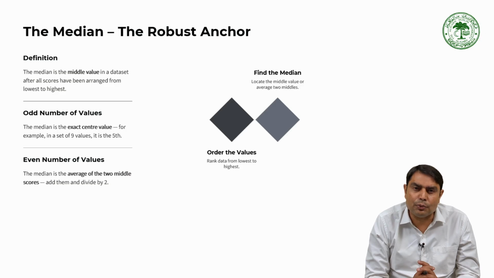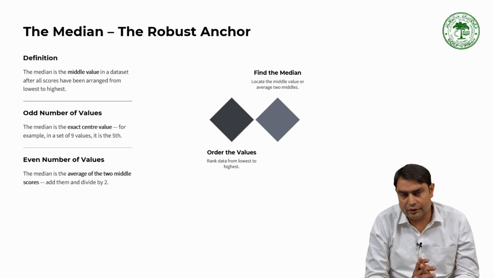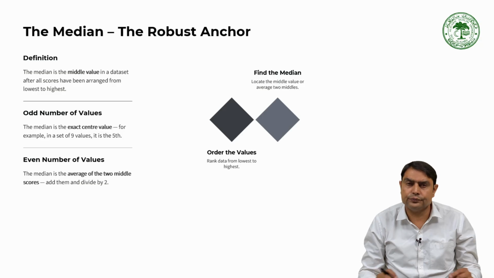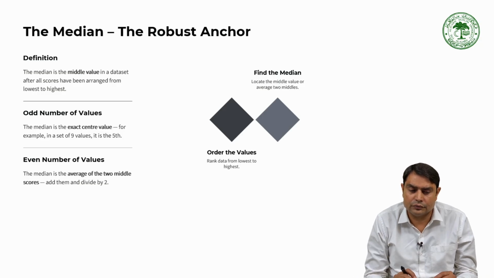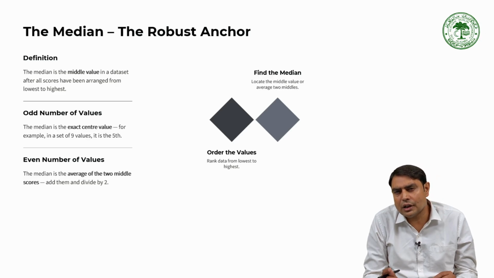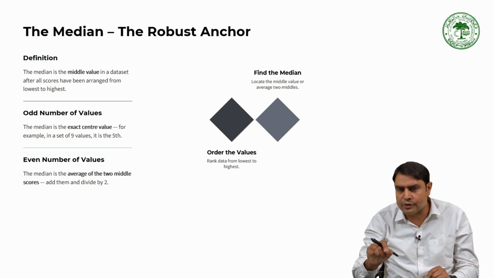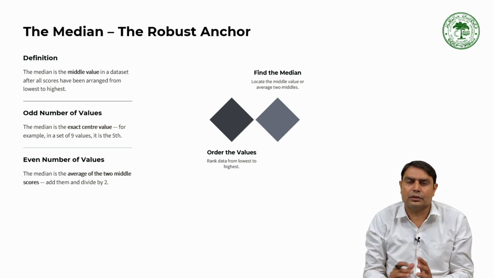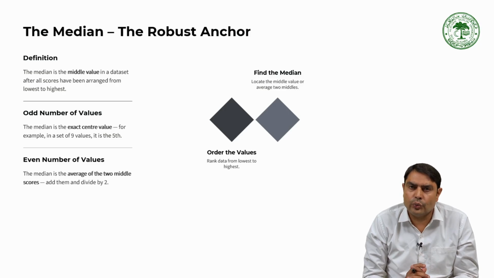The median is a positional average, the mid on the basis of position. The median is the middle value after the observations have been arranged from lowest to highest or highest to lowest, in ascending or descending way.